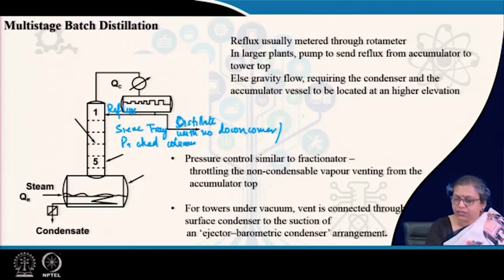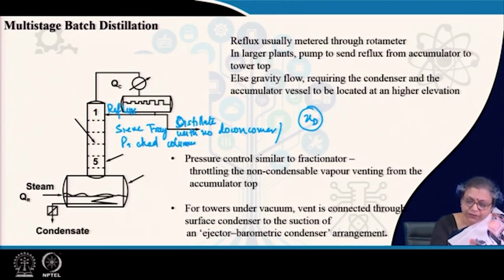For that case, we keep the distillate composition the same, we vary the reflux ratio, and we control it by controlling the top temperature, because if this is kept constant, then Xt is kept constant. So this is kept constant by varying the reflux ratio.